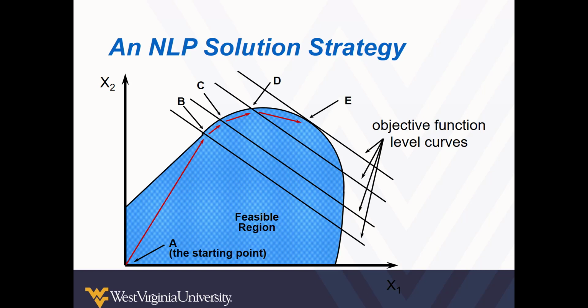So we can try to use level curves to find our optimal value, and we see that when we go from A, our starting point, to that first line in B, and then from B to C, the arrows start curving over, which indicates that this is a nonlinear problem. Although we can probably conclude that where E meets the feasible region is probably ideal.